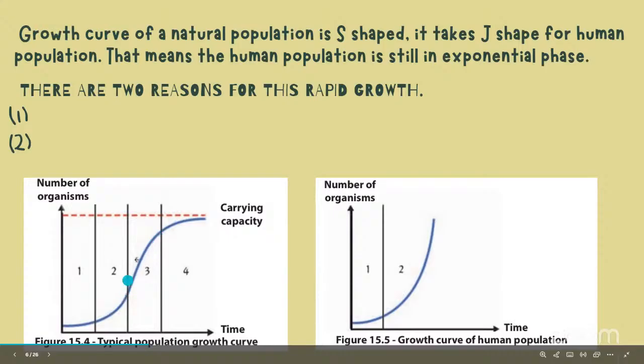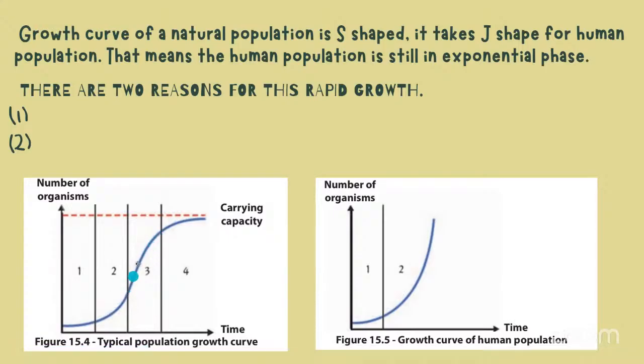Then you have the deceleration phase. Again, the growth has increased a lot, but now the growth is decreasing a little bit. Which means in this particular phase, the birth rate, death rate, and the immigration are going to become sort of equal. And then finally, in the fourth stage, you have the stability.